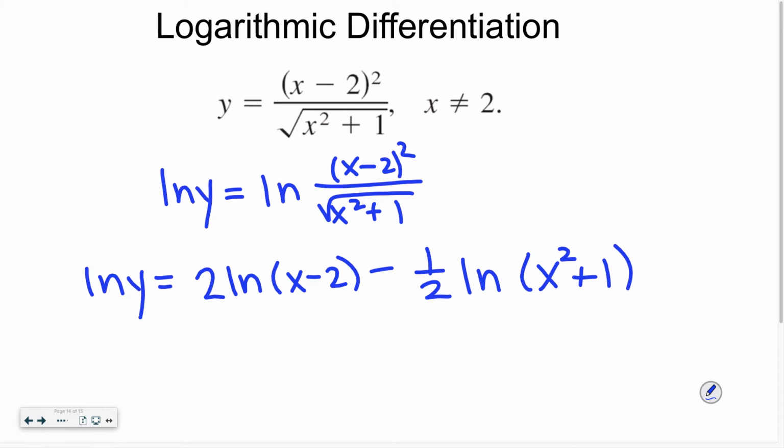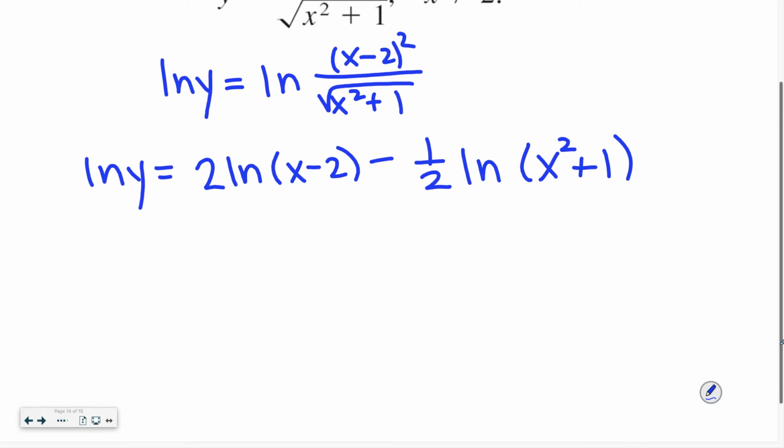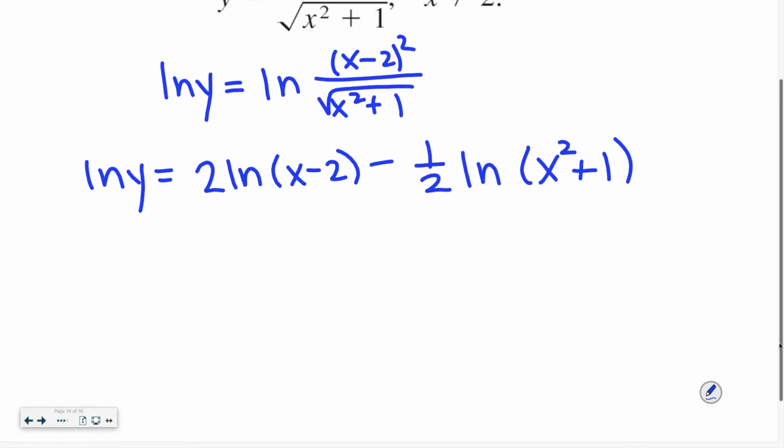Now, we did start out with an explicit function, y equals something in terms of x. Well, now that we've done the natural log to both sides, we don't have that y equals anymore. So we are working with an implicit function at this point. That's okay. We know how to do derivatives implicitly, which is why this section comes after what we just did. So let's take the derivative at this point.